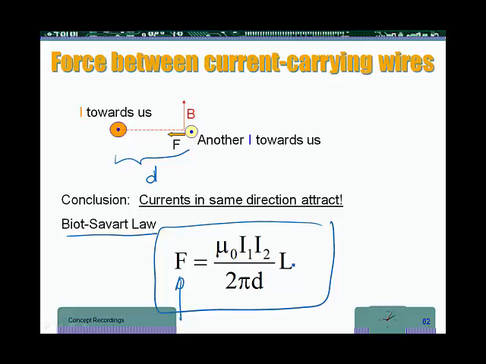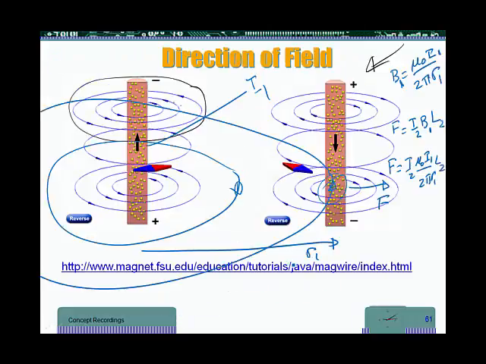Usually, we are going to worry about the force per unit length. As you notice in this one here, we had currents in opposite directions, and as a result, the force was pointing in this direction. Essentially, wire 1 is repelling wire 2.